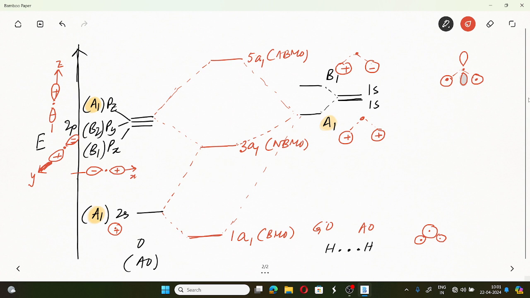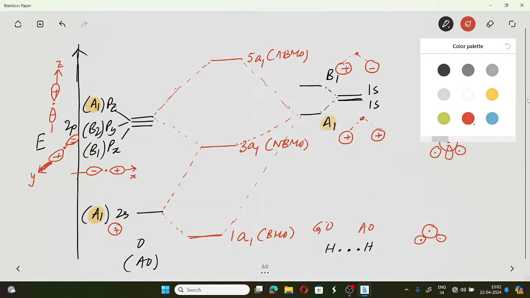So if you look at this orbital, this is 2s of oxygen. See, this is 2pz of oxygen, and this is what we have drawn is phi 1, isn't it?